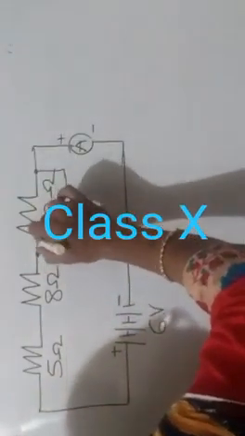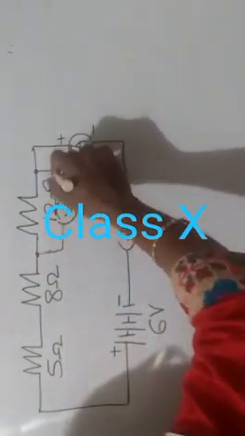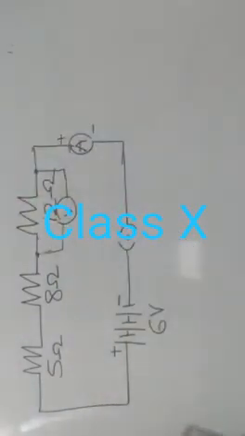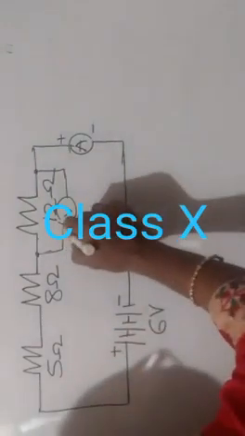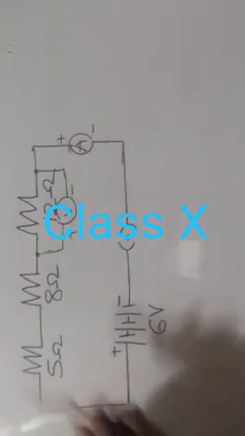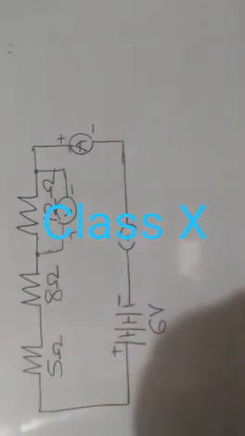Both ends of the resistor and voltmeter, each end should have a common point. That is the parallel combination of the voltmeter. Here it is positive, here it is negative. So the voltmeter should be connected in parallel with the resistor. So this is the schematic diagram to include an ammeter and voltmeter in the circuit.